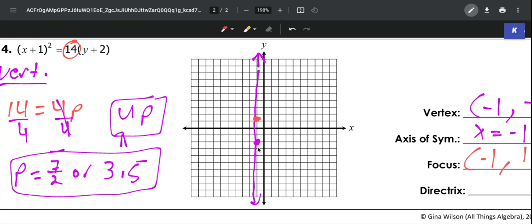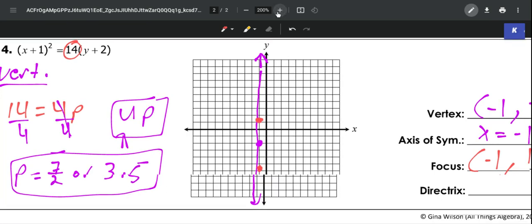So now we're going to subtract 3.5 units. If we're subtracting or using a negative number on the y-axis, we move down. So we're going to go to the center and go down 3.5, about there.